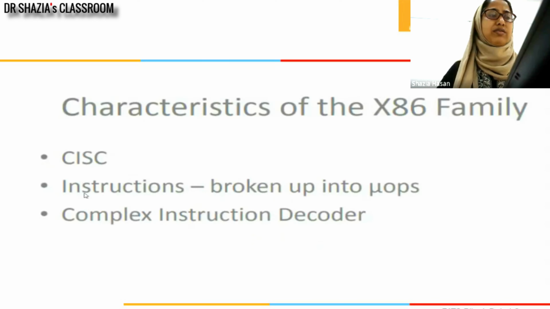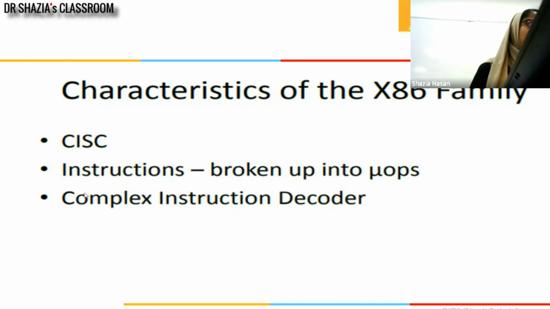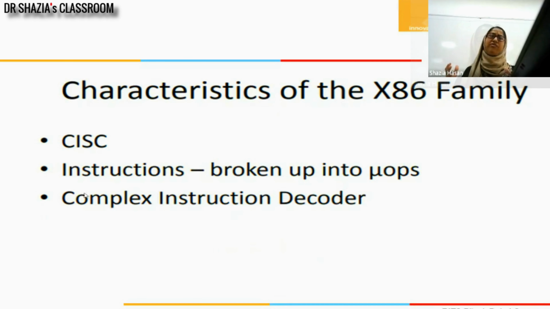As we have classified our instruction set architecture computers into two parts, one is the CISC architecture, another is the RISC architecture. We have seen the advantages and disadvantages, but all these 86 family processors we are going to look into are CISC architecture, or complex instruction set computers.